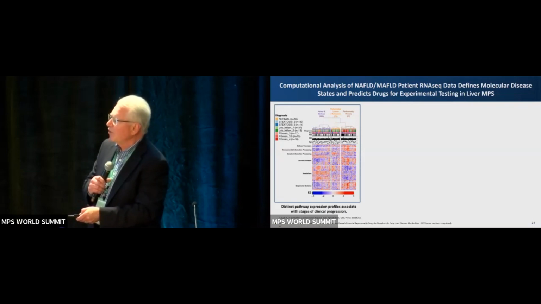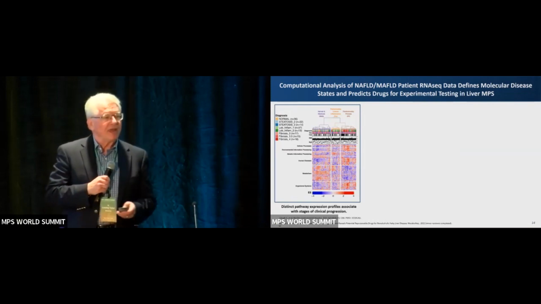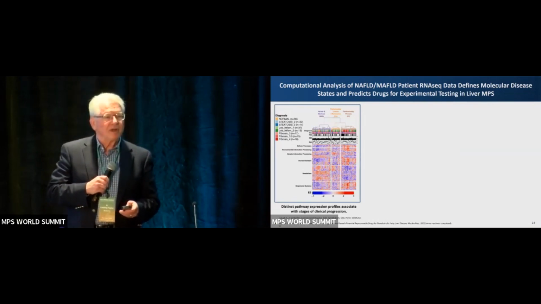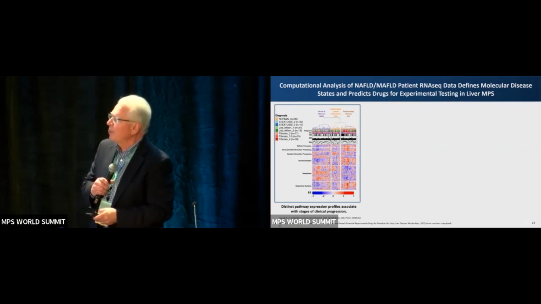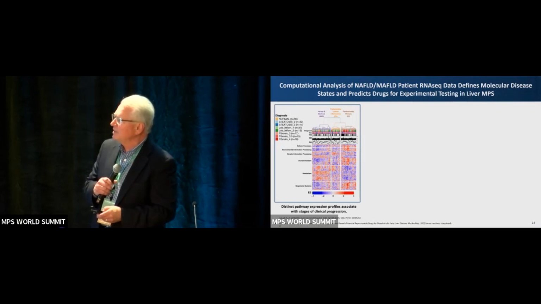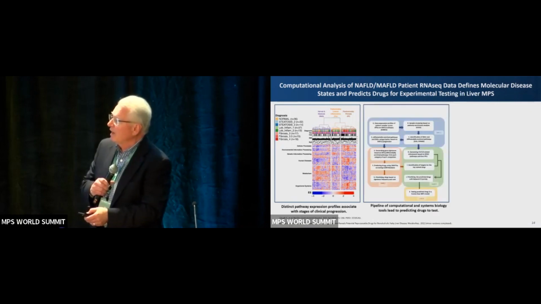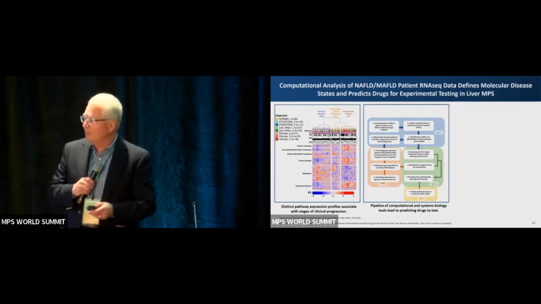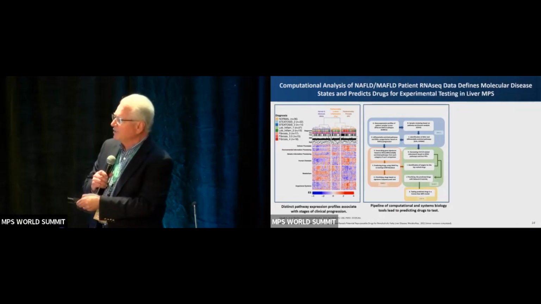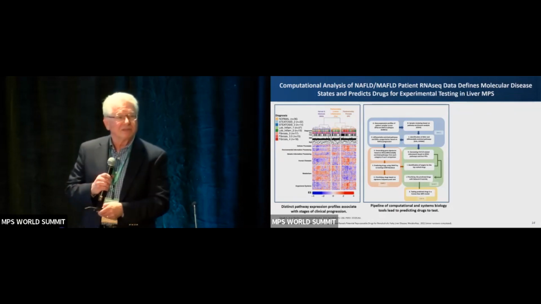The metrics here are blue shows a lower than normal pathway expression. Red is above. And with this unbiased analysis, we can now use this data and build a pipeline of computational and further systems biology tools to get to the point of predicting drugs.